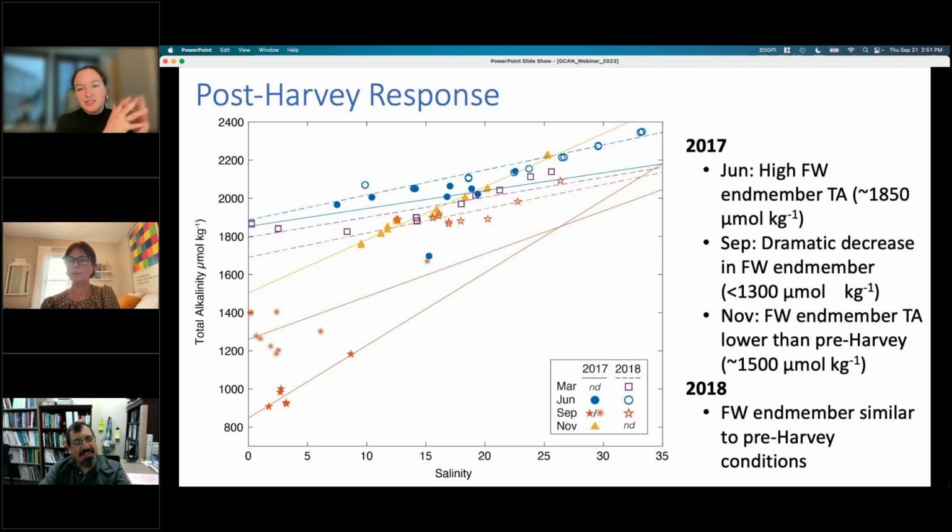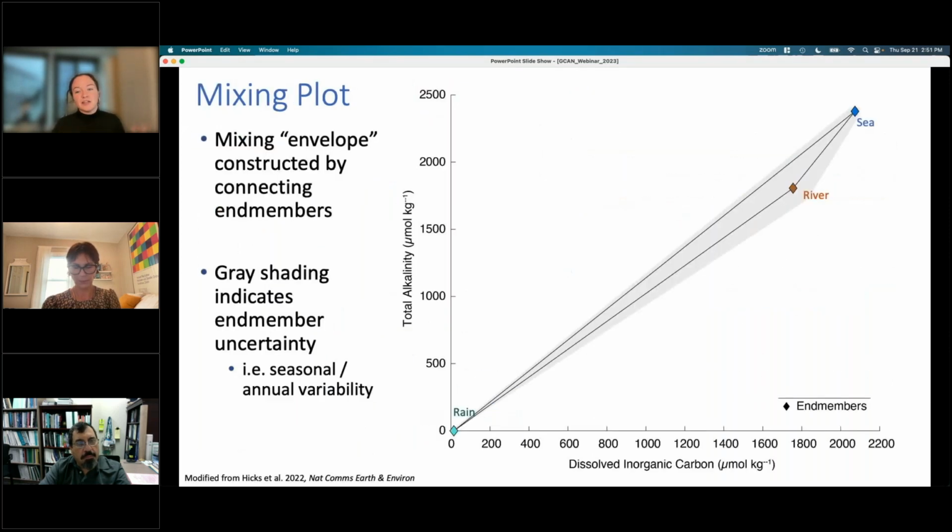So I think that's just driven by when you're seeing the most freshwater input from the Trinity versus other river sources in the region. And I think that's part of the variability. So that's why we utilize an average end member for our mixing plots and calculations instead of a specific month, because we don't have enough data from the specific rivers to attribute each time period.